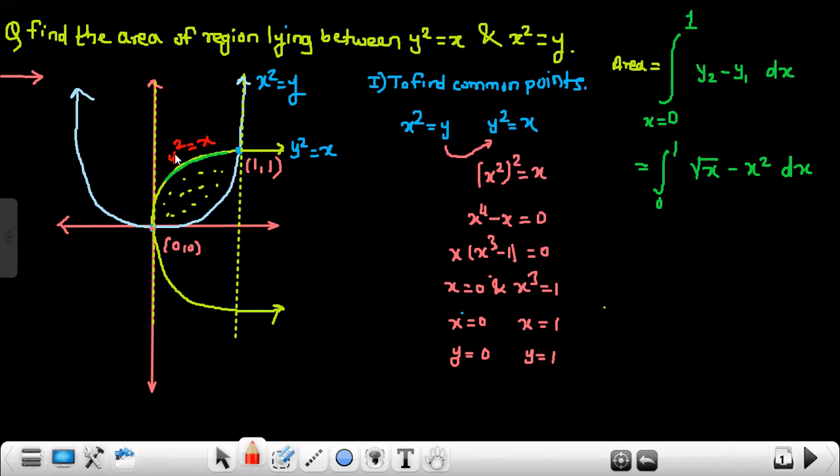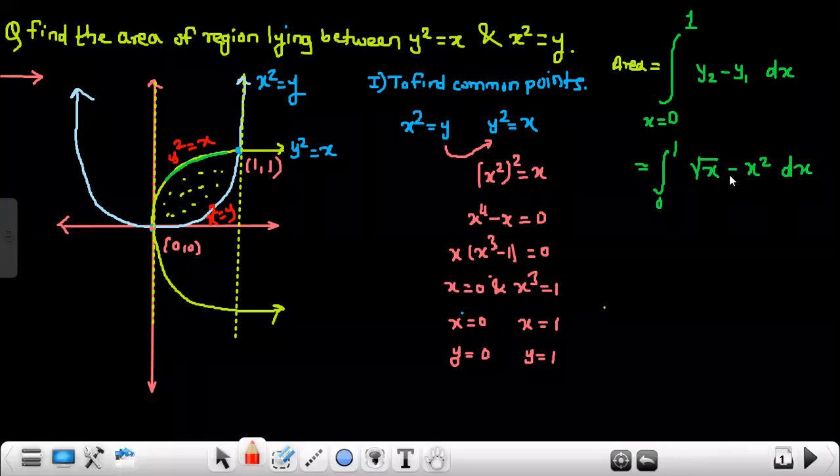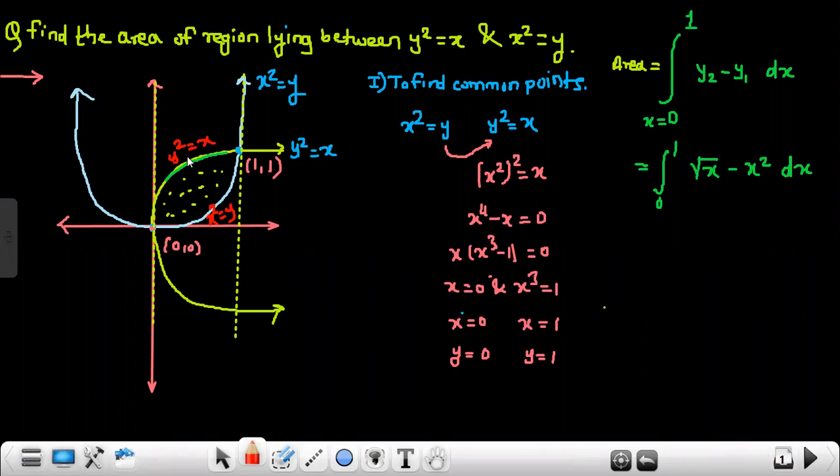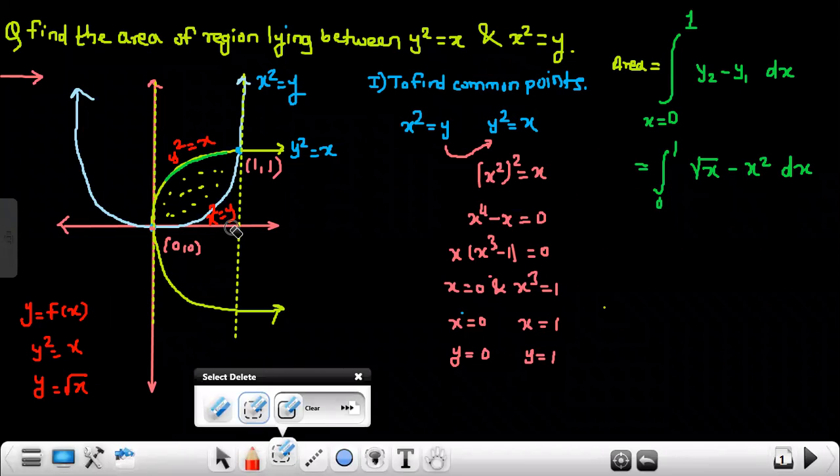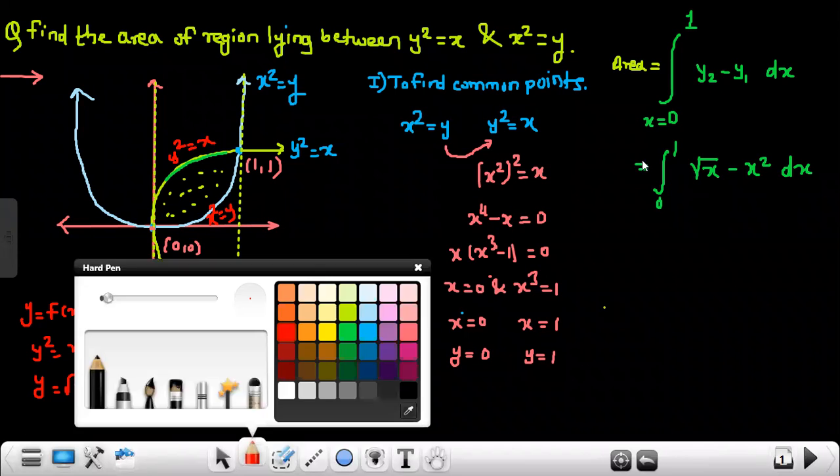But I want only y on the left-hand side, so y will be √x. And which curve is this? x² = y, so y = x². Is it okay? We want y2 and y1. I need y = f(x), a function, so I need only y on the left-hand side. Therefore, since y² = x, I can write y = √x. Similarly, x² = y, so I wrote y = x².